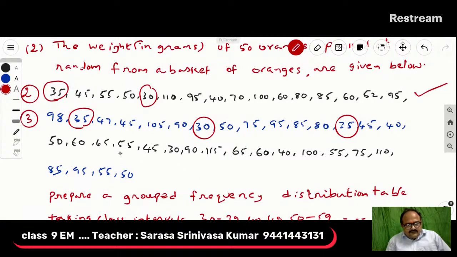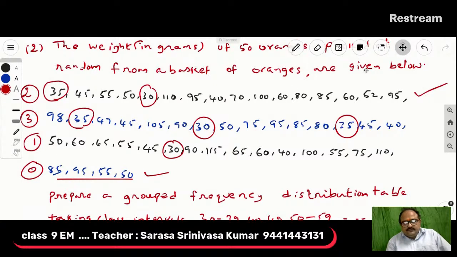Next, we consider the third row. This is 30, so only one orange is there. In the last row, no oranges, that is 0. So in total, how many oranges are there having the weight from 30 to 39? 2, 3, 1. We add all this: 2 plus 3 is 5, 5 plus 1 is 6, 6 plus 0 is 6.